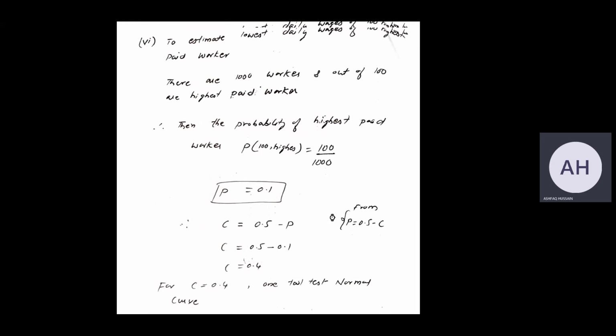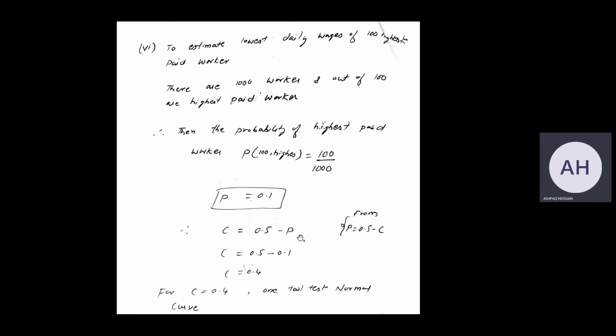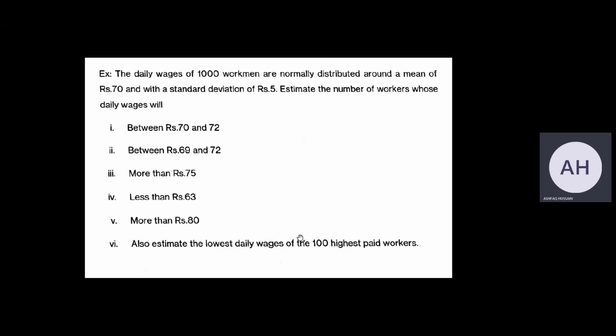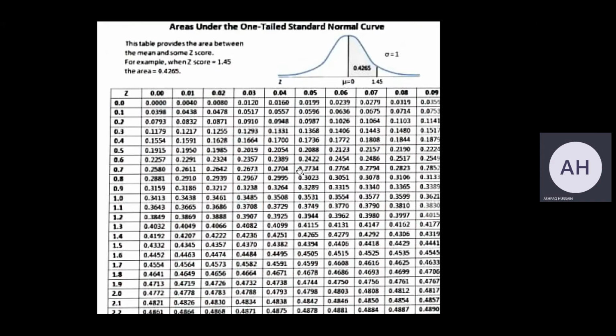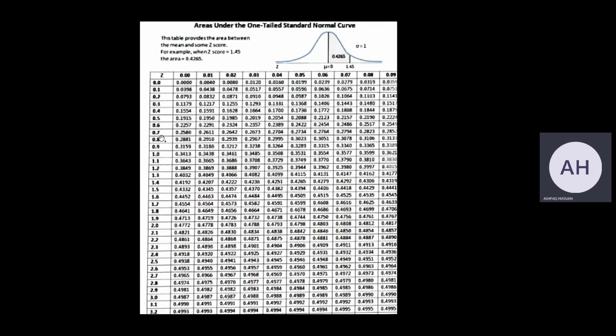I'll show you the table so you can check it. You need to find the value 0.4 in the table. Just observe here, I'm going to the one tail table. Where are you getting 0.4? See, here 0.40 is just being crossed. Observe 0.38, 0.38, 0.39. The maximum I can go up to is 0.3997.